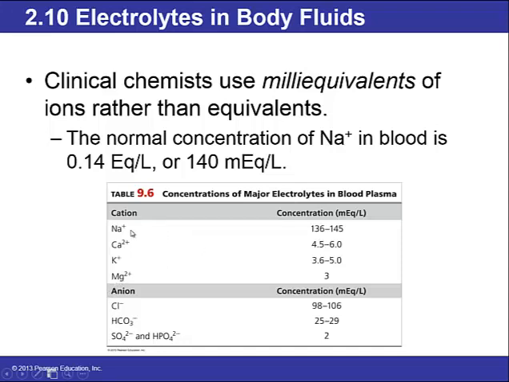And so for sodium, there's a range of a healthy individual between 136 and 145 milliequivalents of sodium per liter of blood plasma. So again, you've got a concentration that you're looking at. You can see for specific anions, like the chloride anion, or the phosphate anion, or sulfate anion, that these concentrations are going to have ranges as well.